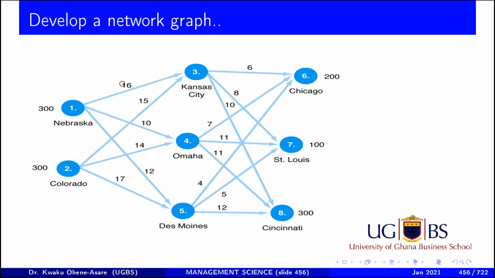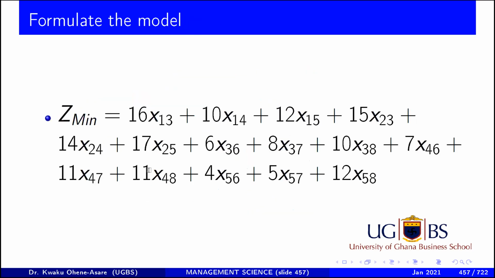Okay, so you're picking the numbers from here, from here, from here, multiplying it by the decision variables. And then you keep going like that, and then eventually you're able to get your objective. So you see that I told you that the decision variables are going to be plenty, the cost is going to be plenty, the objective function is going to be longer because now we have more Xs.